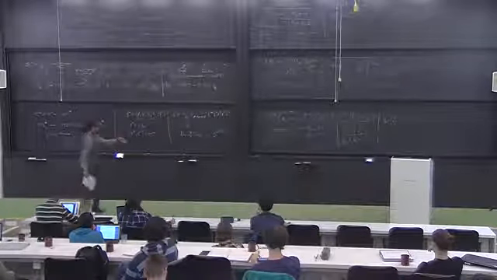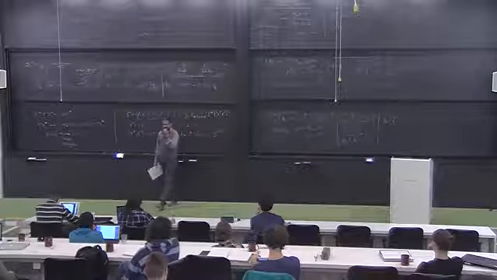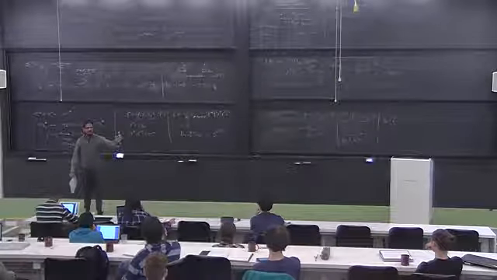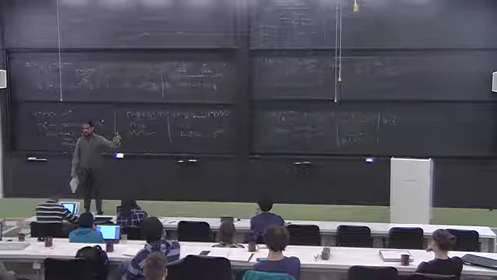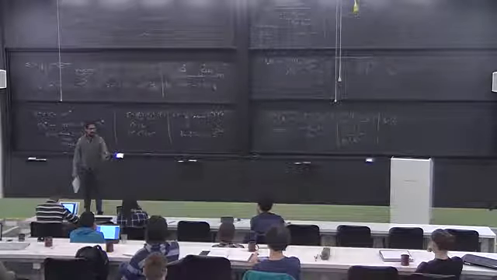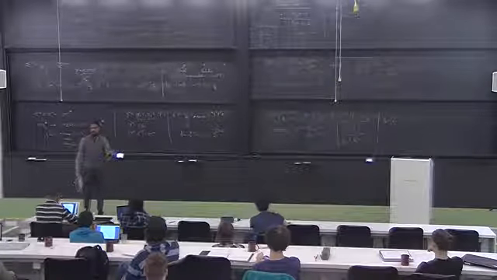Because even if d is 5, it's still 4-dimensional. So in 6 dimensions, what would be the dimensionality of the Dirac spinor? 8. What about in 7 dimensions? It will still be 8.